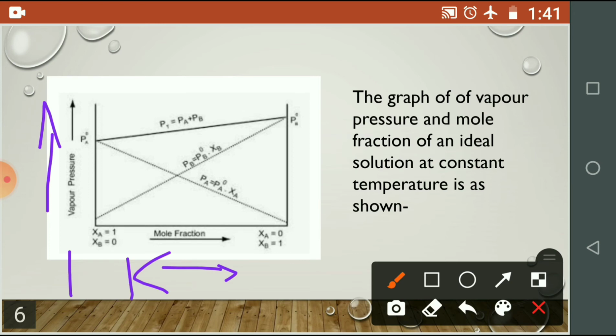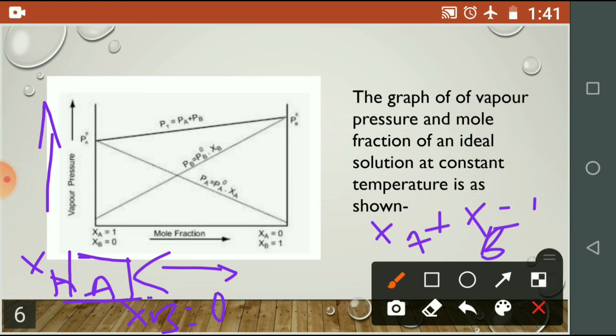Illi now one container ತಗೊಳ್ತೀವಿ, ಇದರಲ್ಲಿ only A component will be there, so that there is no B. So XB should be equal to 0 and XA ಏನು ಗೊತ್ತಿದೆ ನಮಗೆ, XA plus XB is equal to 1. So XB is 0, thereby XA is equal to 1. ಹೌದಾ? ಅದೇ ಥರ ಇಲ್ಲಿ ಬಂದರೆ in this container it contains only the component B, there is no A, so that the mole fraction of A is equal to 0, XB is equal to 1.